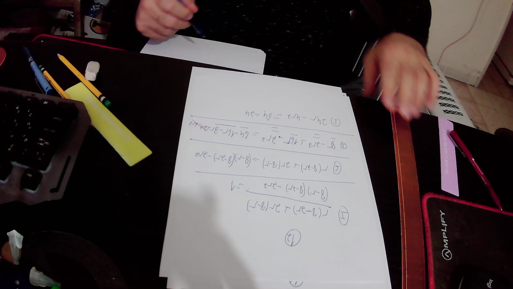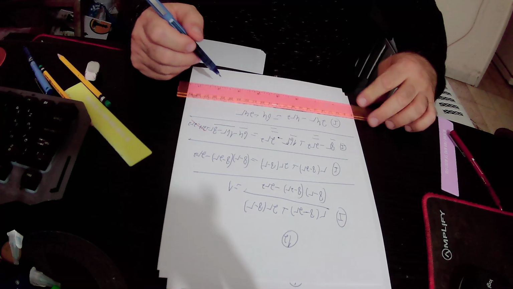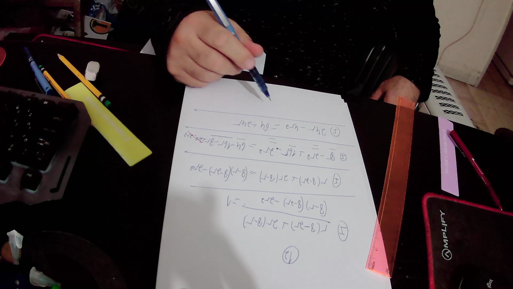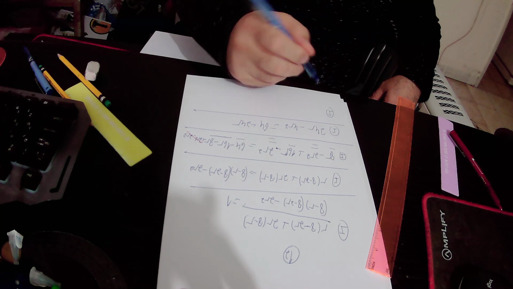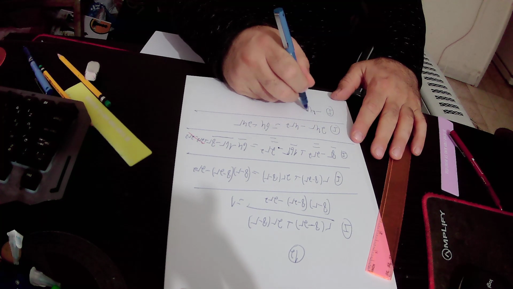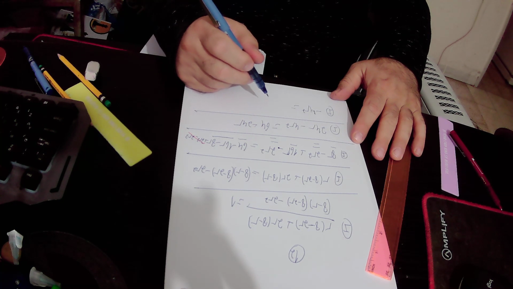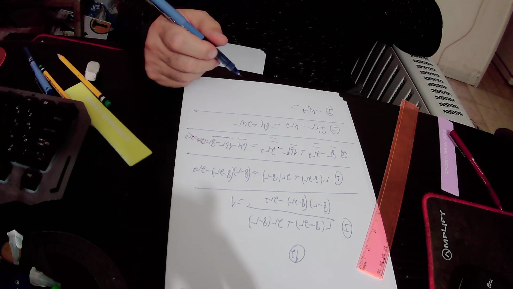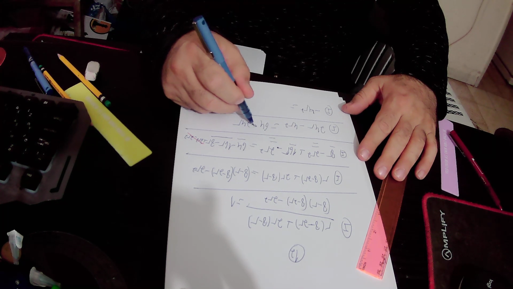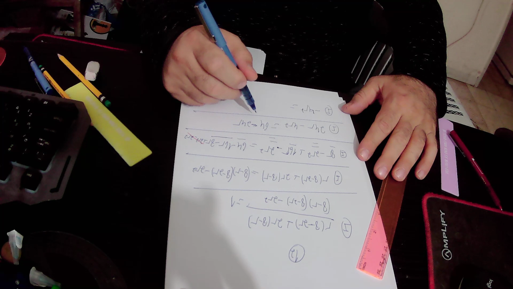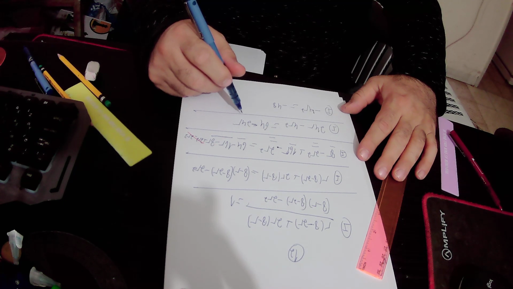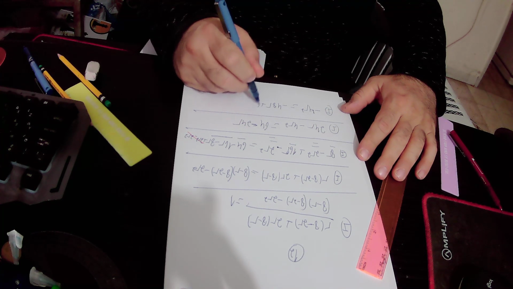Okay, so here we will subtract 24R from both sides of equation number 1, and we will get that minus 4R squared equals, here we have minus 24R minus 24R is minus 48R, plus 64.